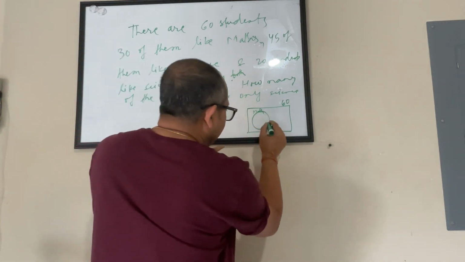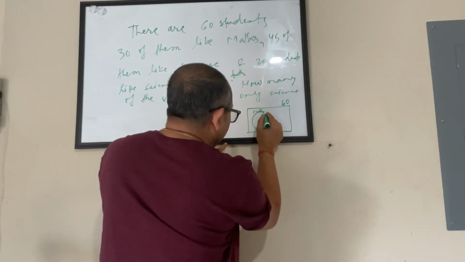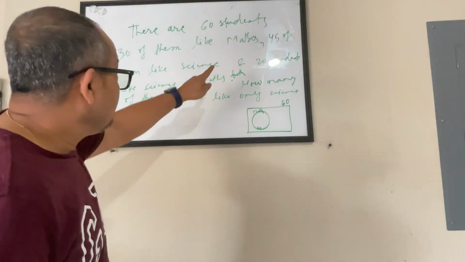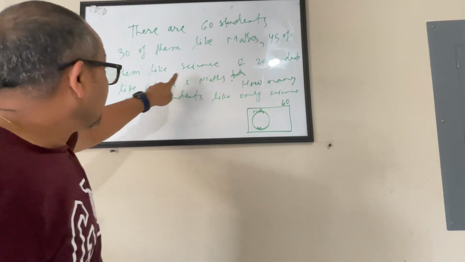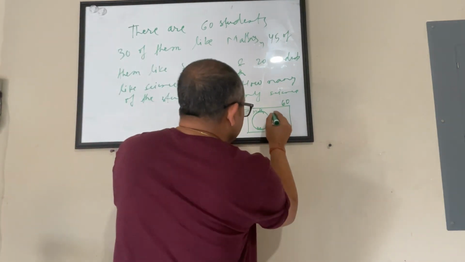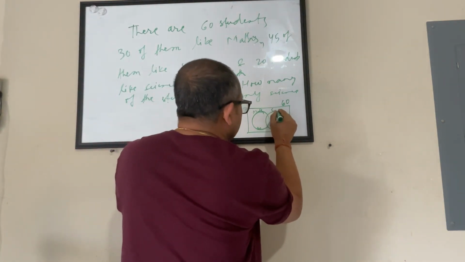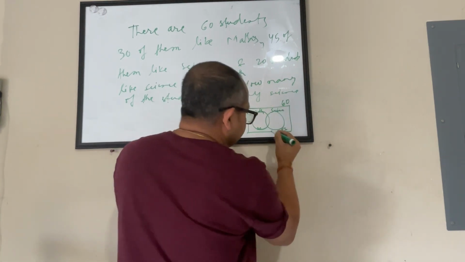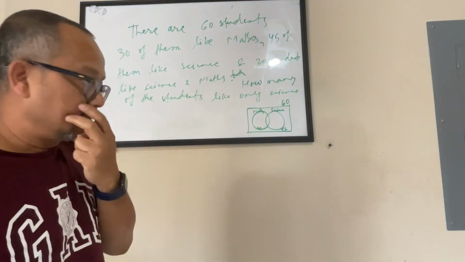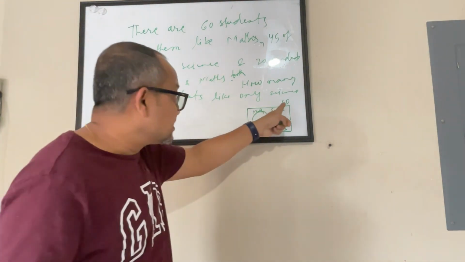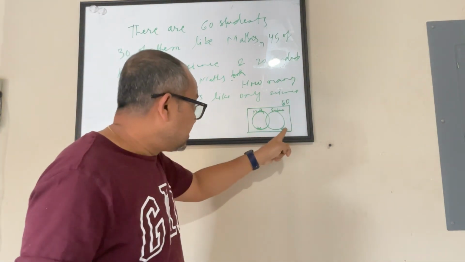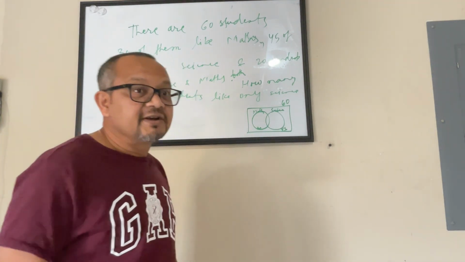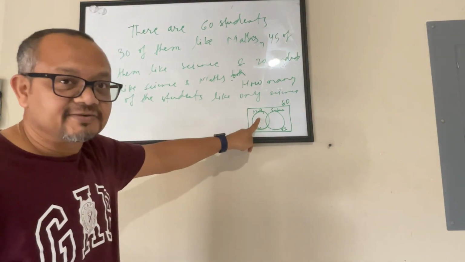So everything inside the circle is 30. Now, 45 of them like science. So let me make another circle. This is the science circle. This is 45. Now my total strength is 60. At any point in time, this and this sum cannot be more than 60. That means there is something common here.